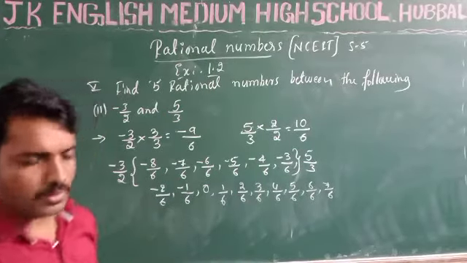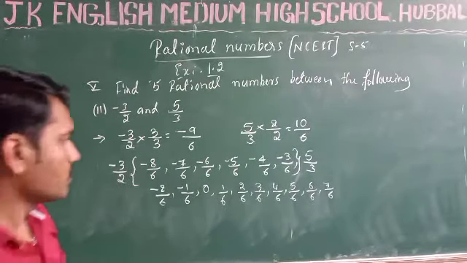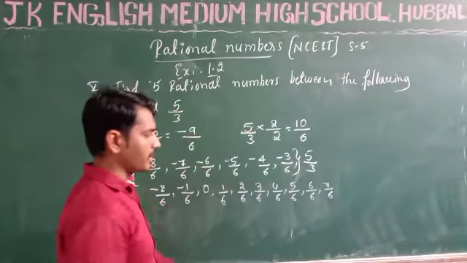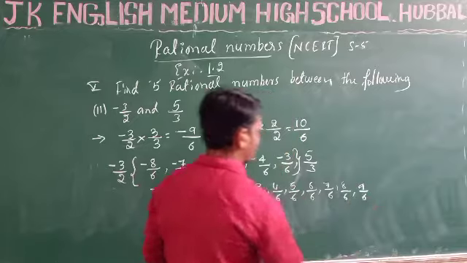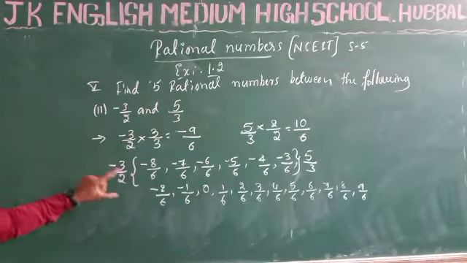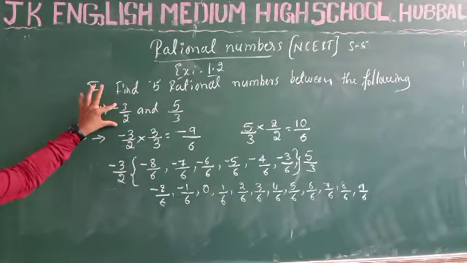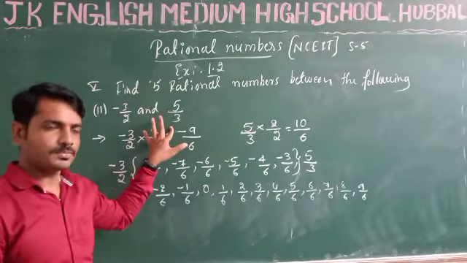So 7 upon 6 will not come, so up to 6 upon 6, meaning we can write up to 9 by 6. These are the rational numbers between minus 3 by 2 and plus 5 by 3.